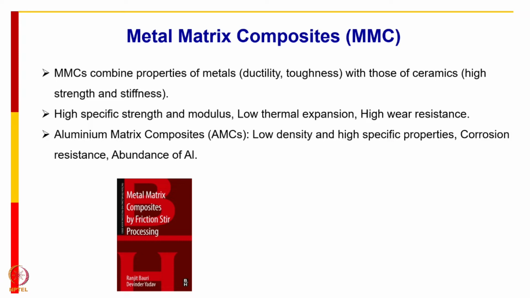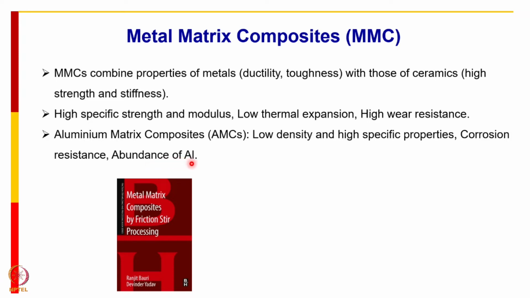Apart from that, you also have good corrosion resistance in such materials, aluminium based composites, because aluminium itself exhibits good corrosion resistance. The other advantage for this kind of aluminium based composite materials is the abundance of aluminium.